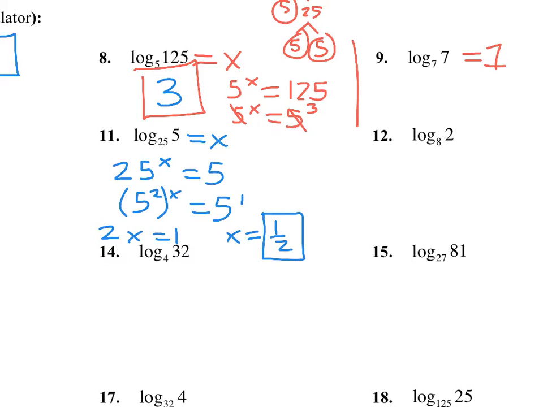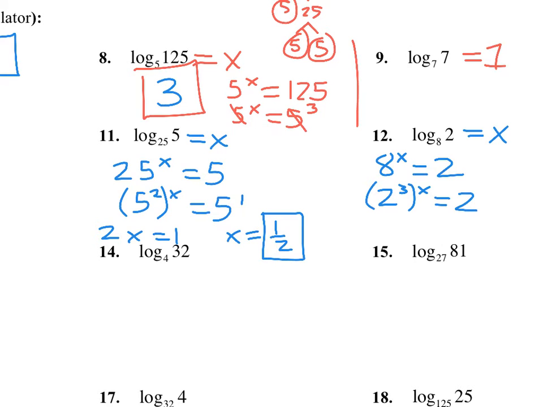Alright, 12 is asking, what exponent turns 8 into 2? If you're not sure right away, call it x, rearrange it. What can we break 8 into? 8 is 2 times 4. 4 can break into 2 times 2. So 8 is 2 to the third, and then put the x with it.